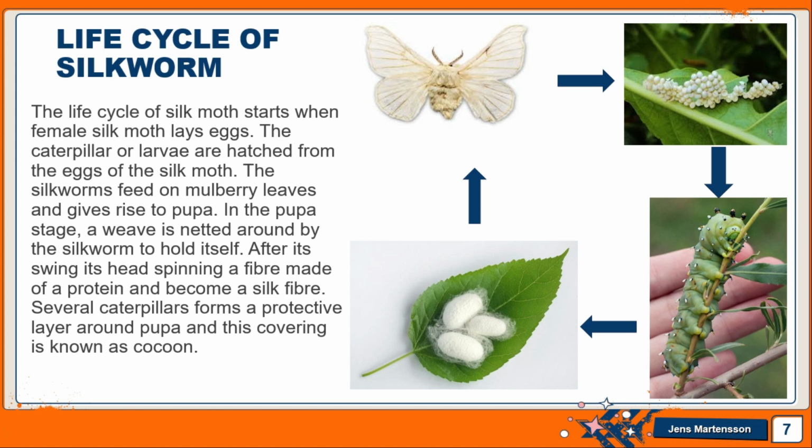In this way the caterpillar completely covers itself with silk fiber and turns into a pupa, and this covering is called a cocoon. Further development of the pupa into the moth takes place inside the cocoon. After a few days you will see the silk moth coming out of this cocoon. In this way the life cycle of the silkworm continues. This is the life cycle.